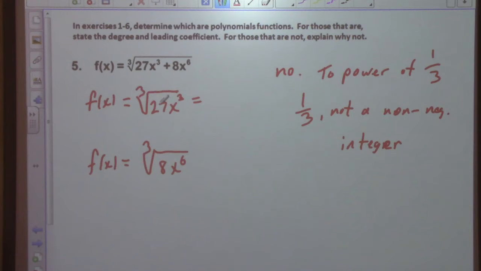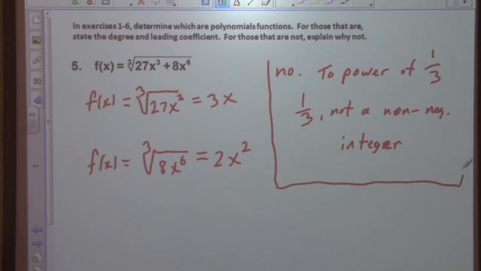We get the cube root of 27, which is 3, and then the cube root of x cubed, which is x, because that would be x to the 1 power. So this would simplify to a polynomial, and this one down here would simplify to 2x squared. So separately, each of these qualify as polynomials, but together they don't. And Angel tells us he saw a break in there where it wasn't a smooth curve, right? So that would be that.